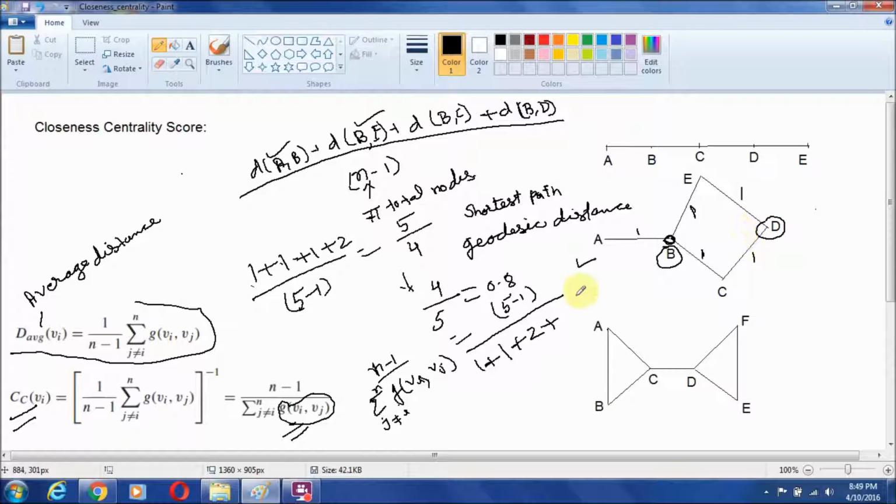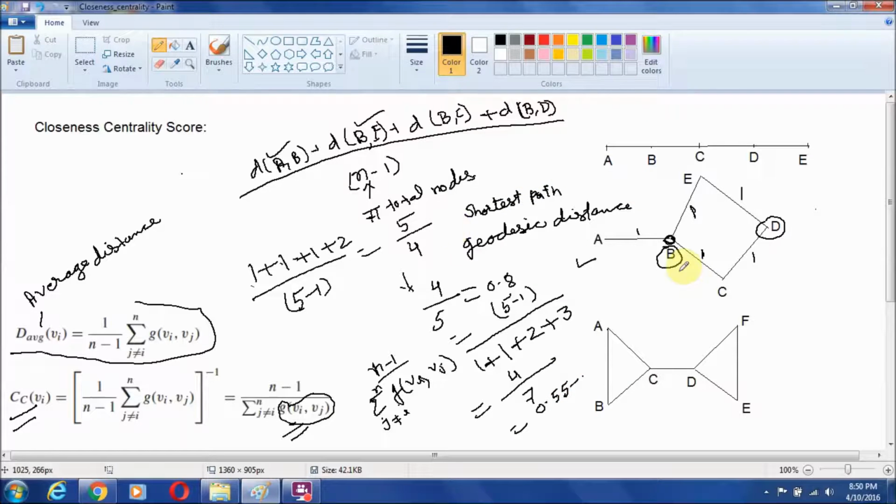From D to A it is D to E, E to B and B to A, or we can take the other path also. Both paths have the same length and are shortest, so it is equal to 3. So in this case it is equivalent to, and so on.